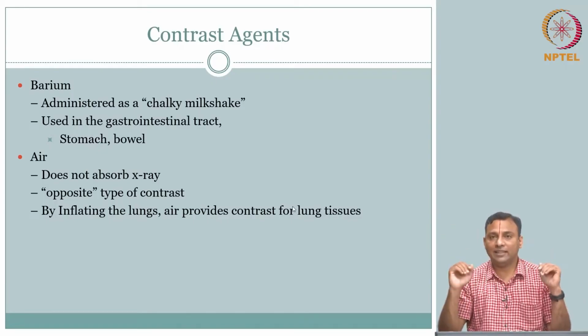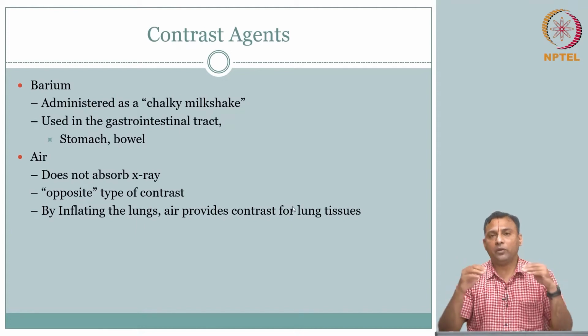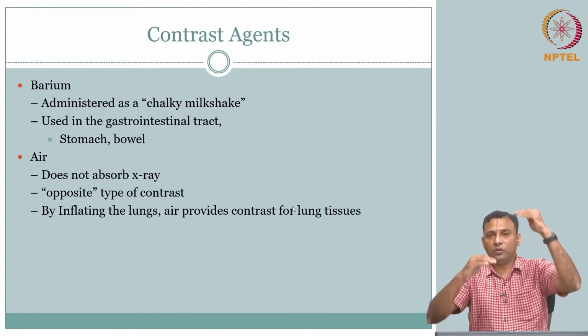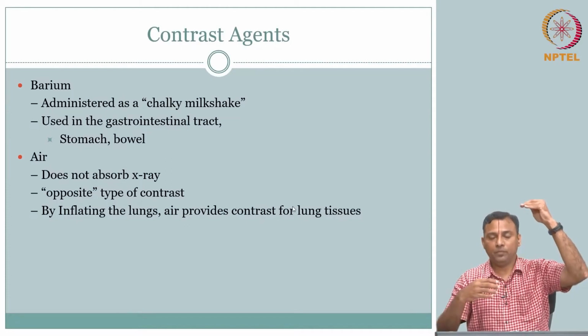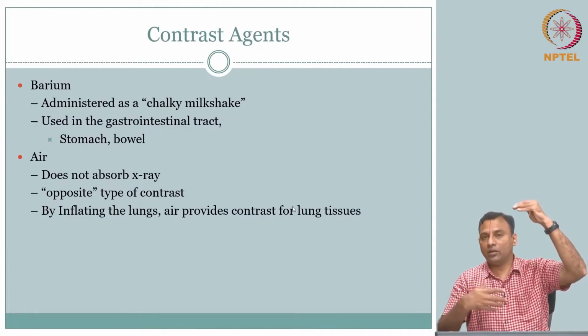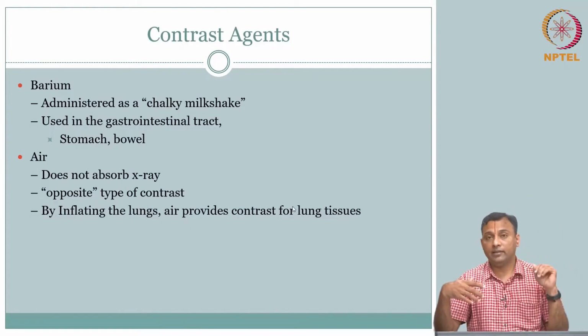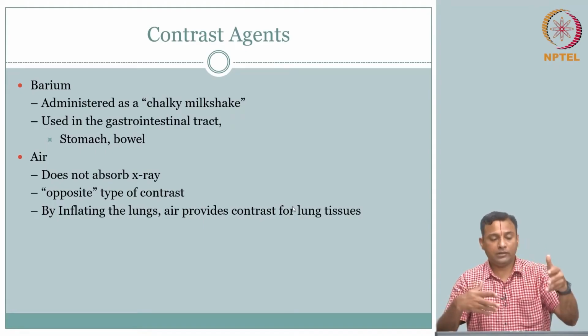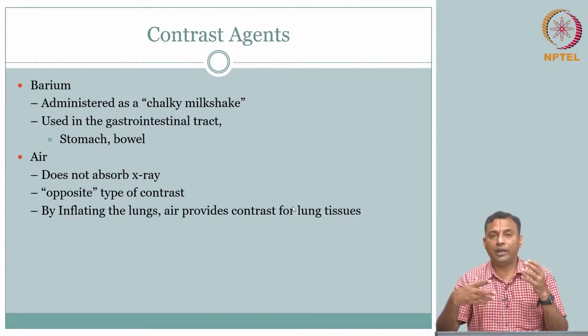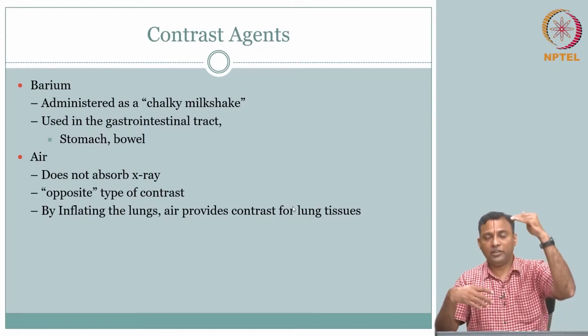So contrast is increased. Is there any other way to exploit this? I could actually do both, right. If I want to do bladder or bowel or something like that, I can have air also, and you could have barium. If I take barium, attenuation is increased.